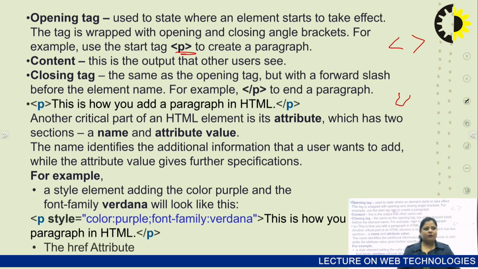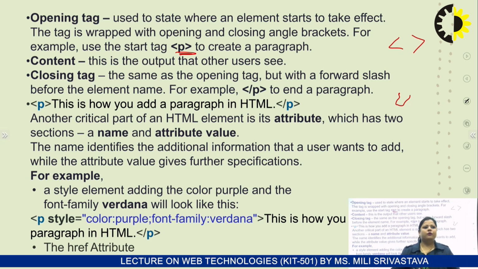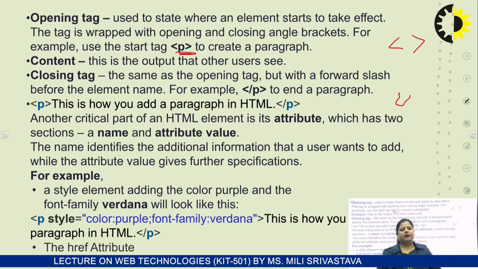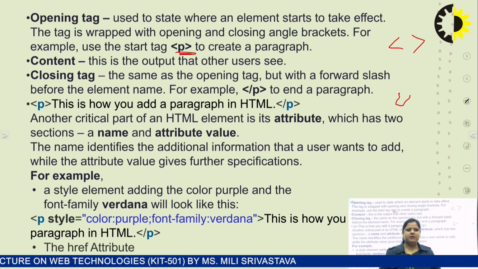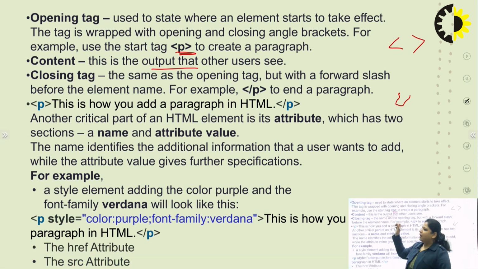For example, use the start tag P, which denotes a paragraph, to create a paragraph. Next is content, which is the output that other users see.